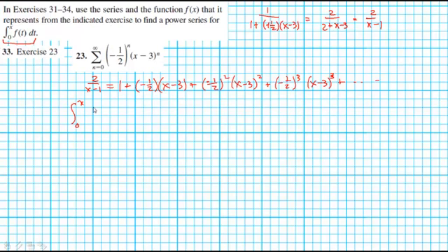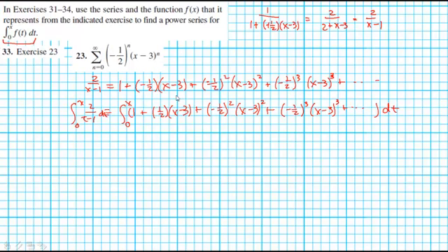The integral from 0 to x of 2 over t minus 1 dt, and then from 0 to x of this expression, all in parentheses, infinite, and we're doing this with respect to t.